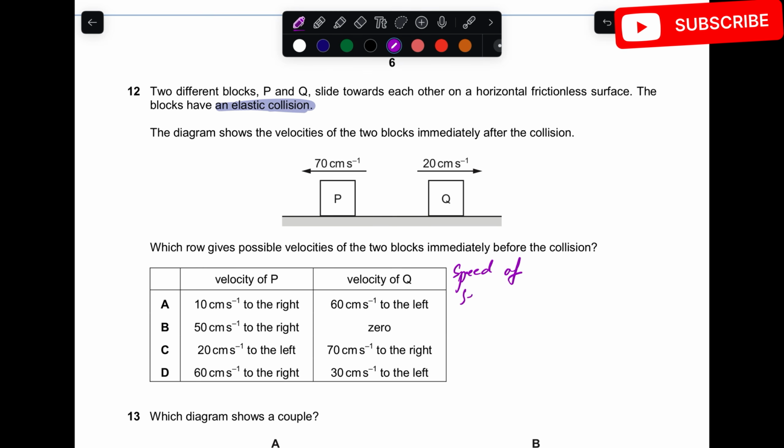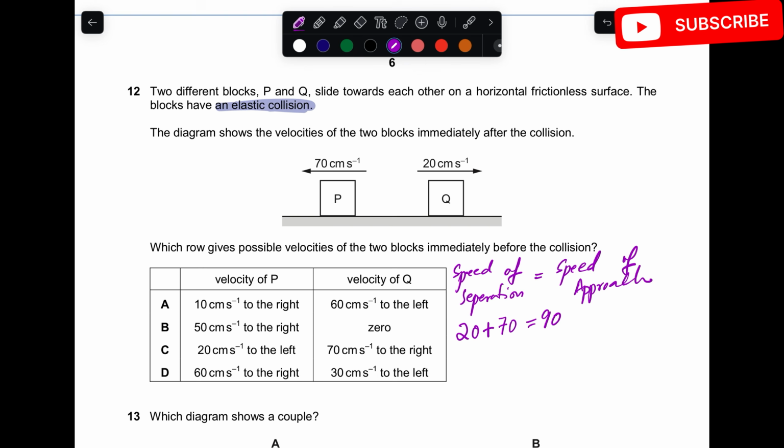speed of separation should be equal to speed of approach. Okay, so speed of separation, as both are moving away from each other, is 20 plus 70, that is 90.